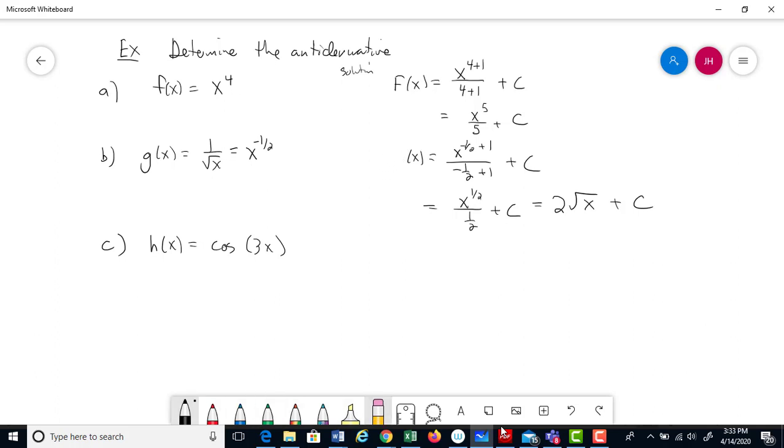This should be capital G. If that's G, then this is capital G. So capital H of x, its antiderivative. Well, the function I take the derivative of is the sine. So I know that this is going to be the sine of 3x. Now, if I take the derivative of this it is going to be cosine of 3x times 3, but there's no 3 here. So to get rid of that 3, I'm going to have to go 1 over 3, plus c.